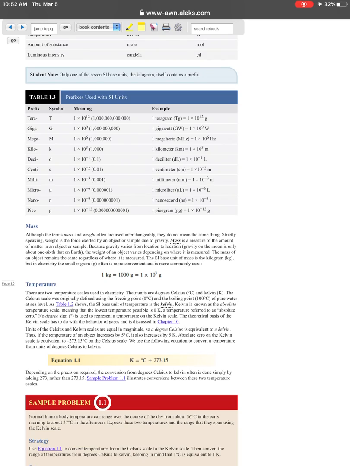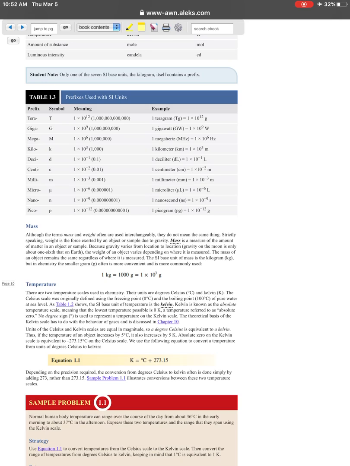Or, in exponential notation, 1 times 10 to the minus 1. A deciliter, therefore, remember, notice the pattern. It's the symbol for the prefix and then the symbol for the unit of measure. A deciliter is a measure of volume. A deciliter is 1 times 10 to the minus 1 liters, deciliter.